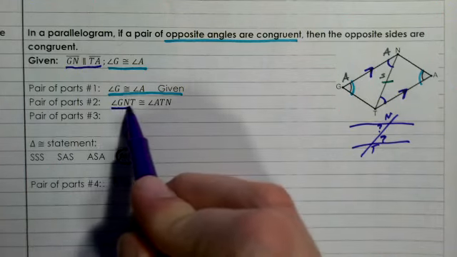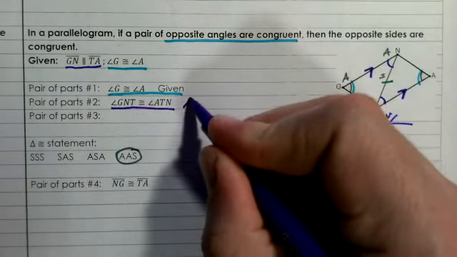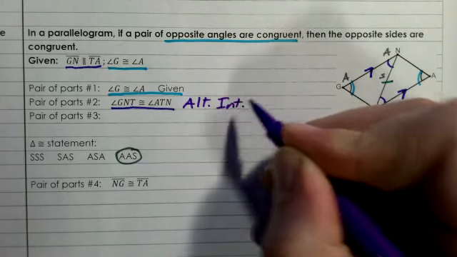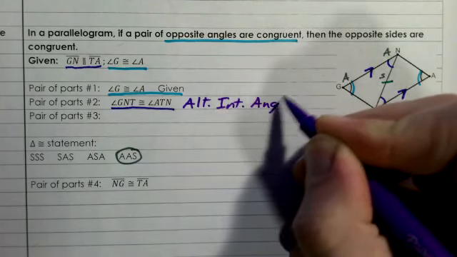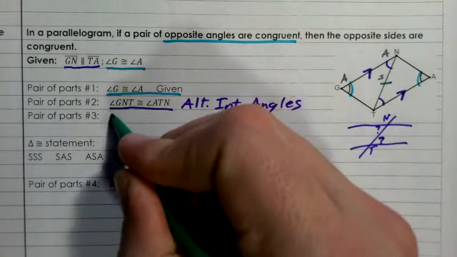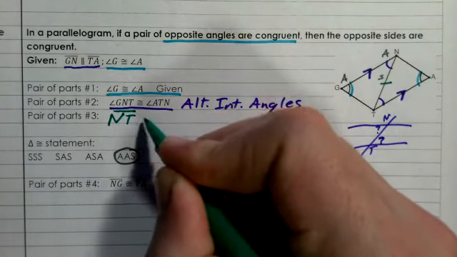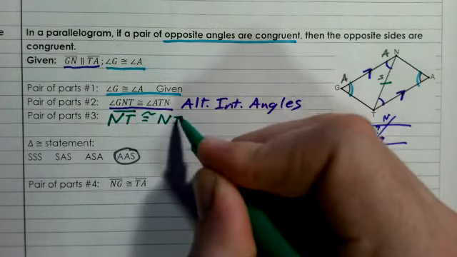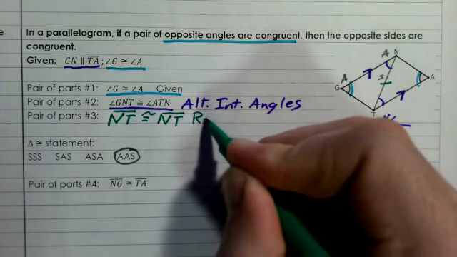So this thing that we just did, that was alternate interior angles. Then we also did our good old reflexive property. NT is congruent to NT. That's our reflexive property.